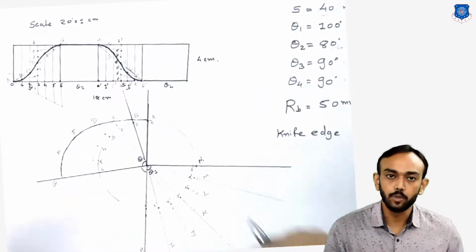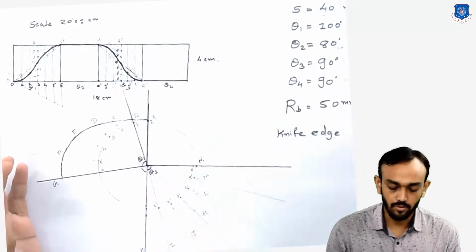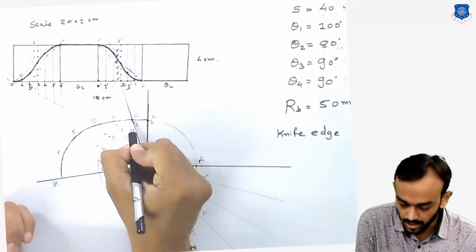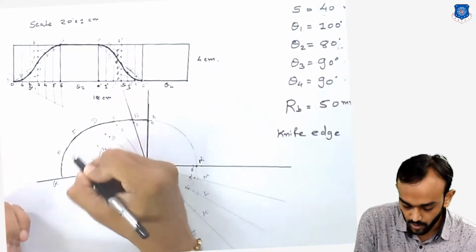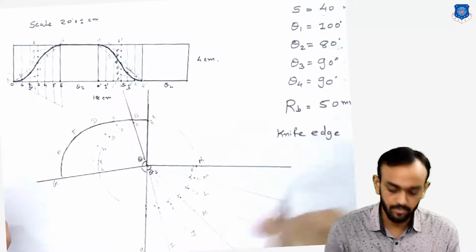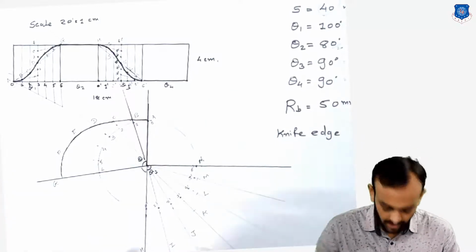You don't need to make this type of darker curve, but you can see it clearly on video, so that's why I am drawing it, so you can see clearly. Okay, and the same will be for the return.